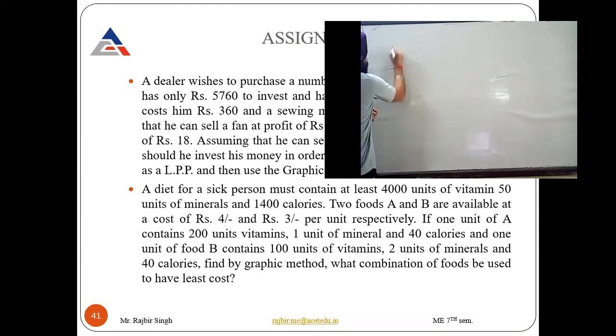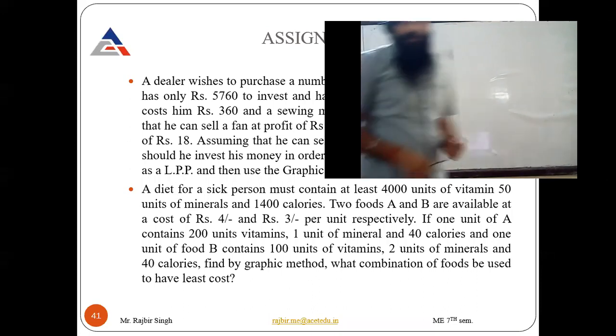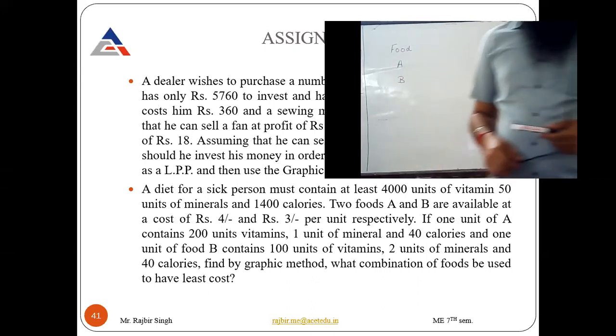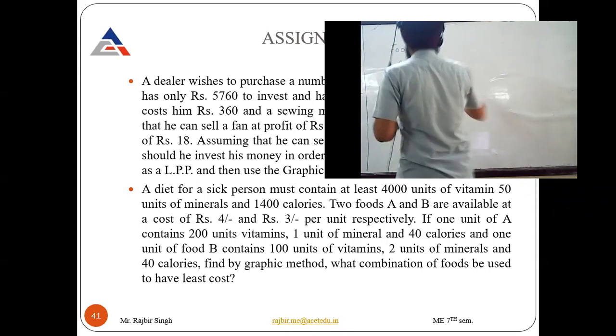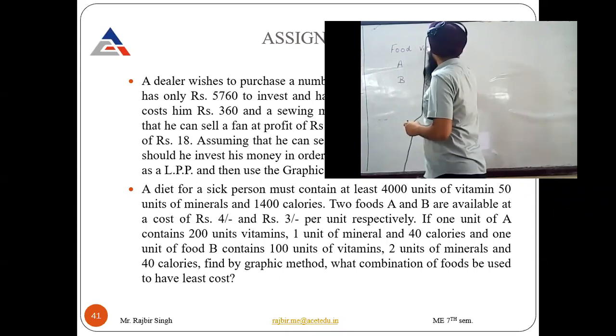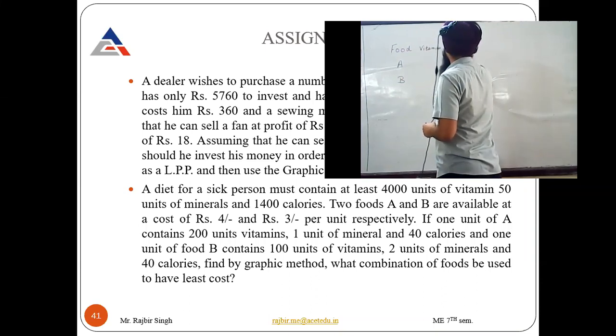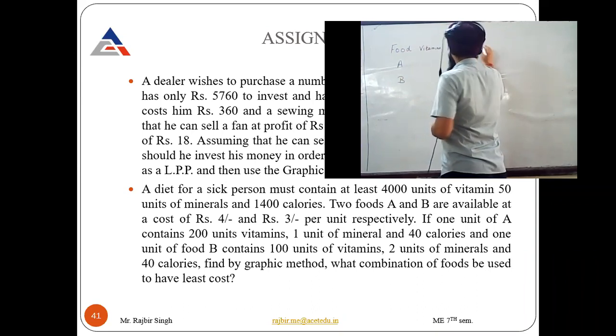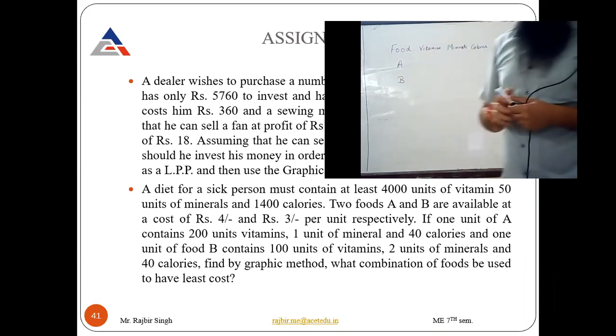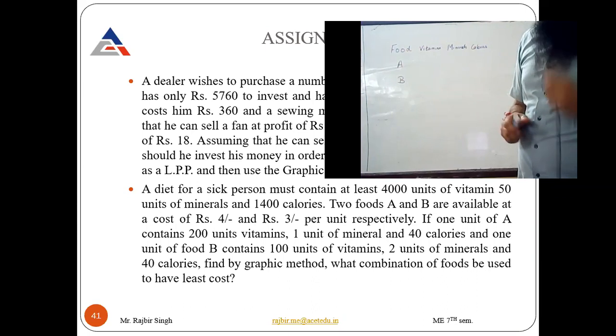So we have food A as well as food B. Then we have the unit contents of vitamins, minerals and calories.